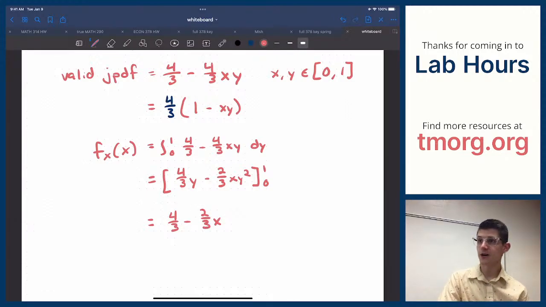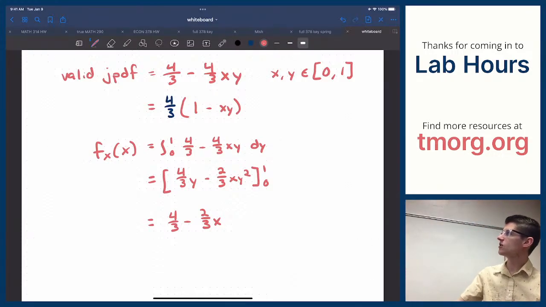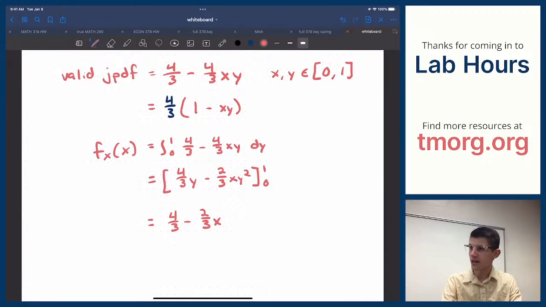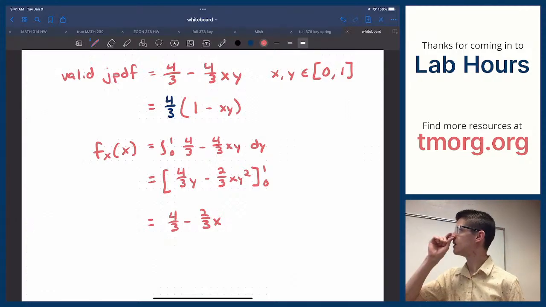We can see that, right? Excellent. This is the marginal probability density function of x. What that means is, if I'm not looking at y at all, this is what it looks like when I only look at x, which is pretty cool.